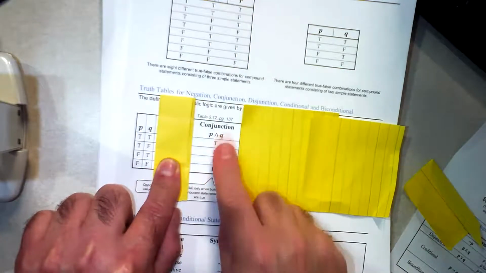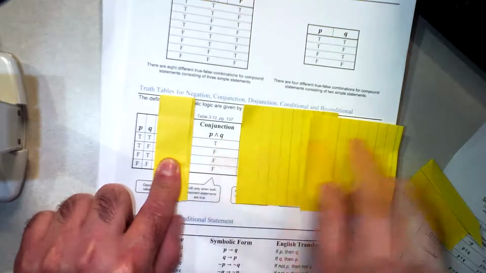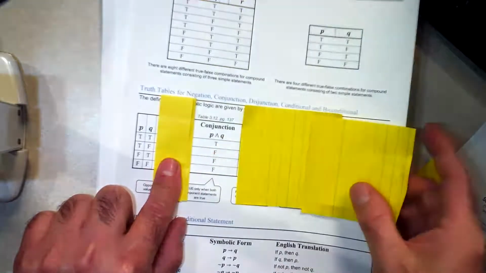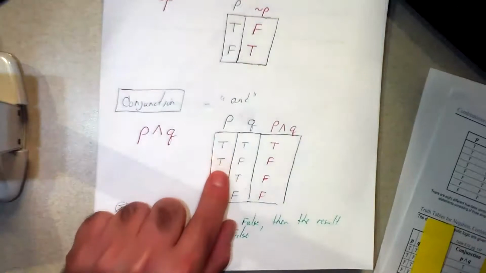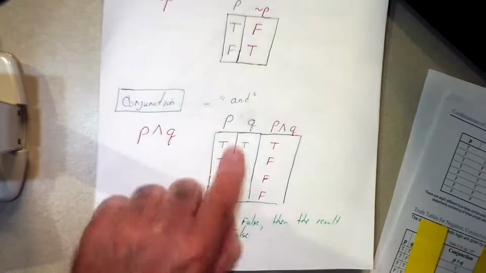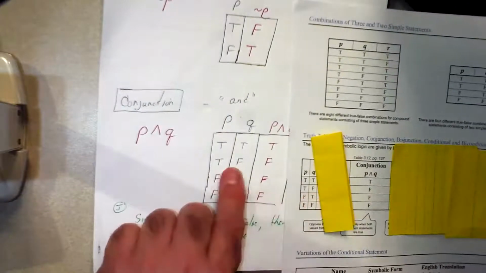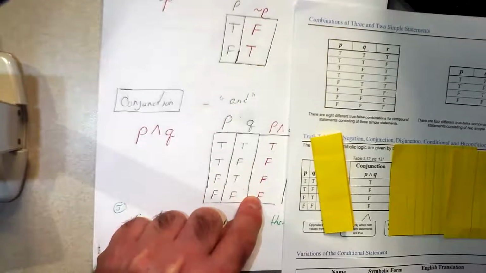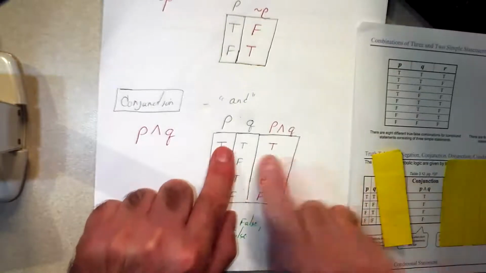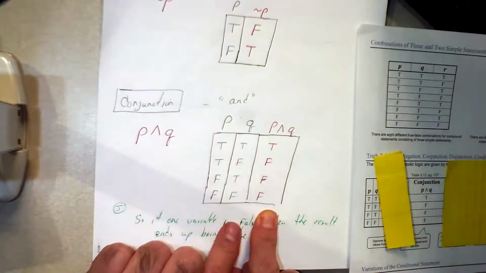All right, so here is my column of answers, and I'm going to put those on my paper. There they are. So TT, FF, TF, here are my answers: T, F, F, F. Right. If I want to do the P and Q, the red are my results.